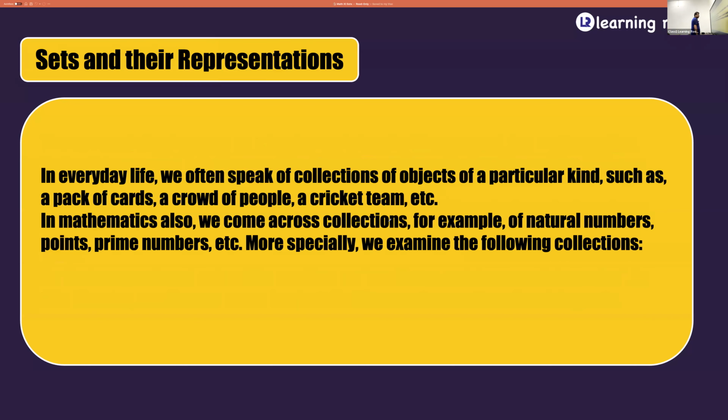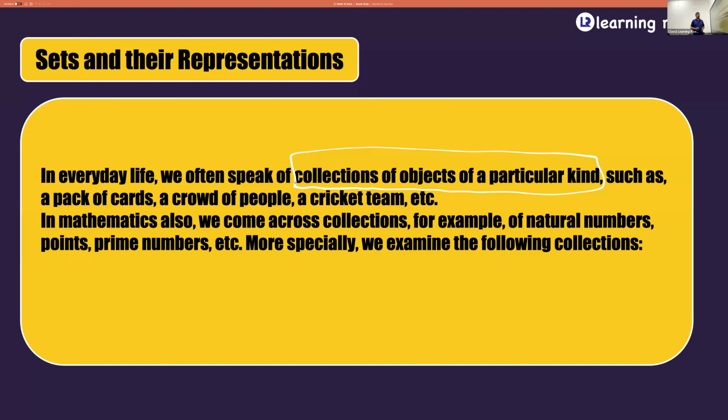So what we are going to do is, in everyday life, we often speak about a collection of objects of a particular kind. This is more important. So you're going to collect the data or objects of a particular type, and you're going to consolidate them and place them in a particular pattern form.